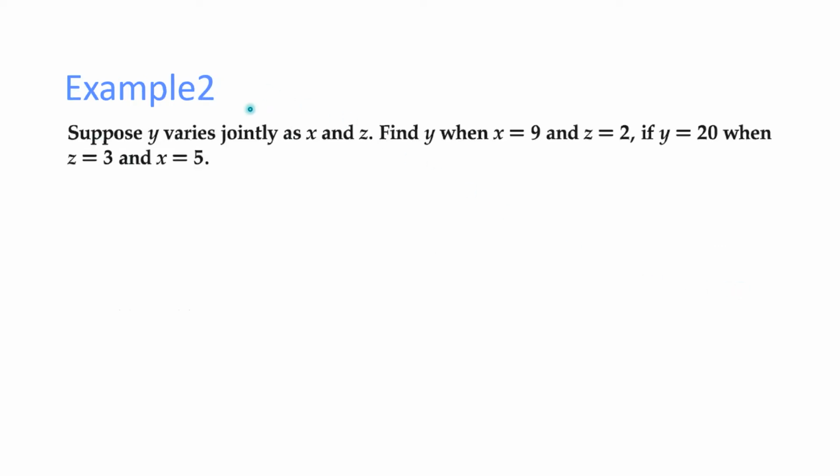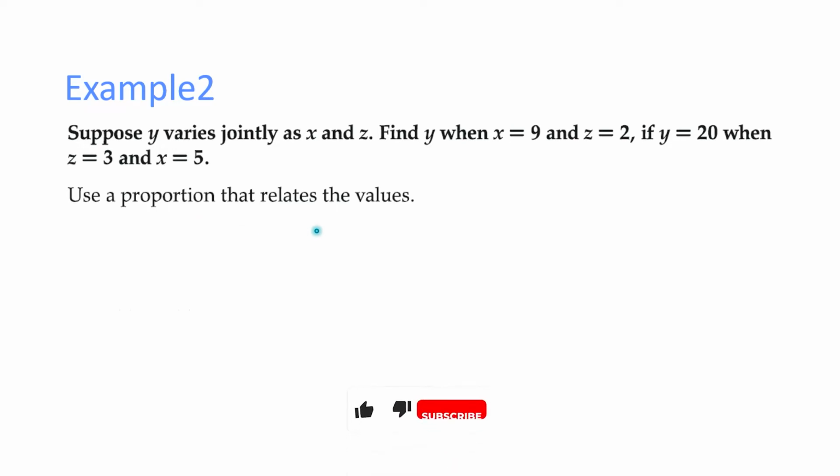Example 2. Suppose y varies jointly as x and z. Find y when x is equal to 9 and z is equal to 2 if y equals 20 when z equals 3 and x equals 5. Firstly, we will use a proportion that relates the values. So we have y1 over x1 z1, which equals y2 over x2 z2.